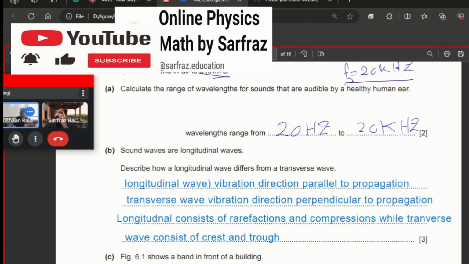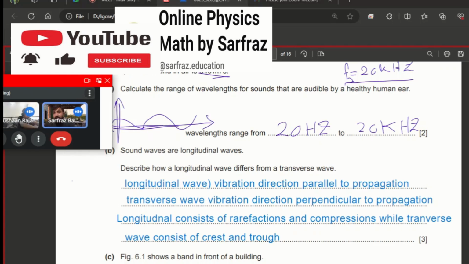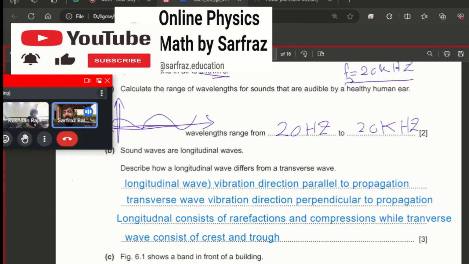They will look like this, and in this way they are going. This is showing their direction. So the motion of the particle is perpendicular to the direction of propagation of the wave.